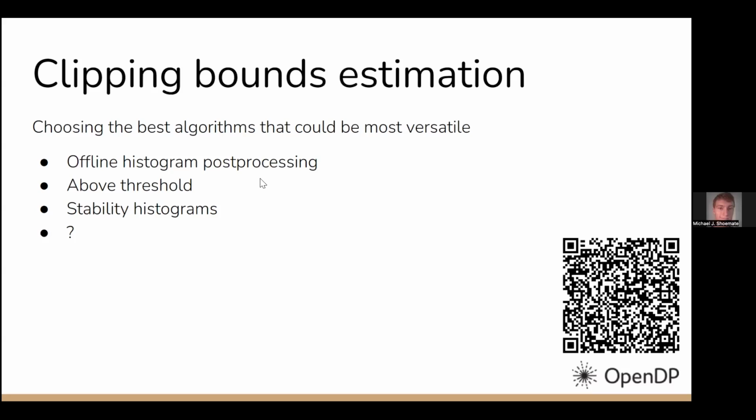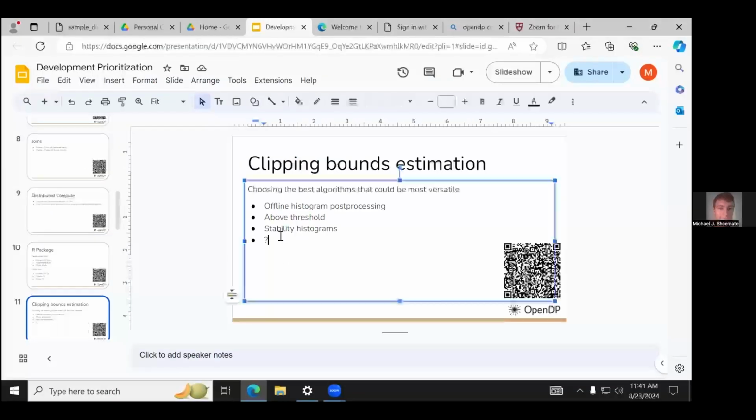So, Christian, from a TCS perspective, it would be useful to understand what kind of situations people run into in practice when they're trying to choose their clipping bounds. In TCS, one technique is to use a noisy binary search to figure out what kind of clipping bounds you're working with, and it falls into the same technique as above threshold.